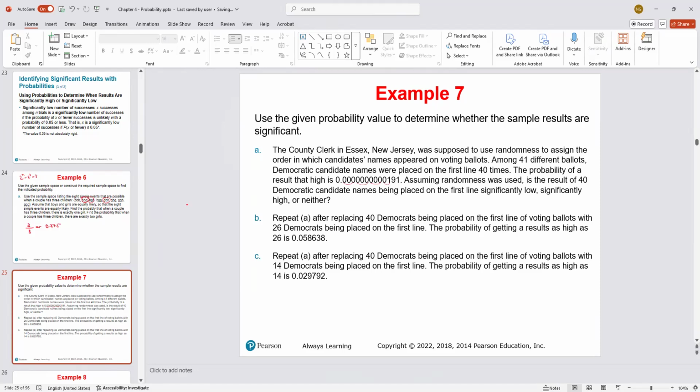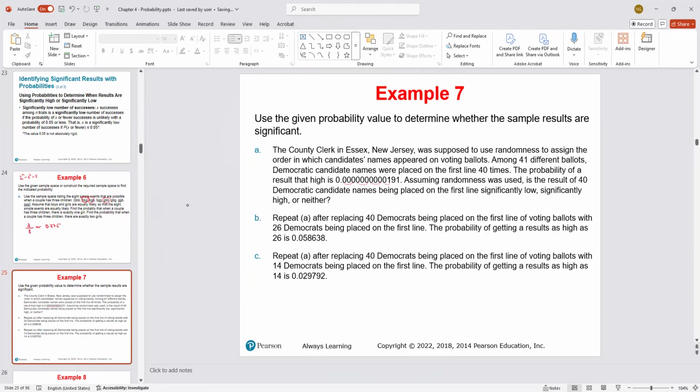Assume randomness was used. Is the result of 40 Democratic candidate names being placed on the first line significantly low or significantly high or neither? When we look at this exercise, I think we're going to go with the first one.